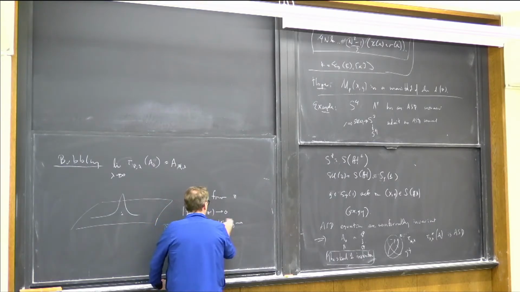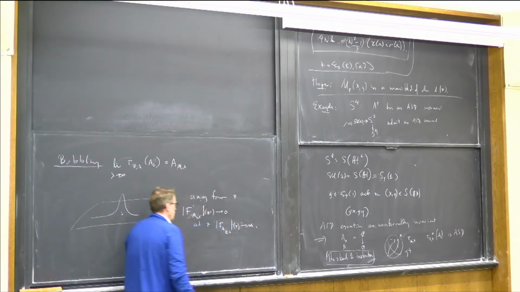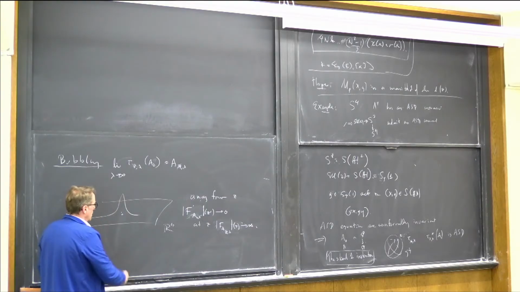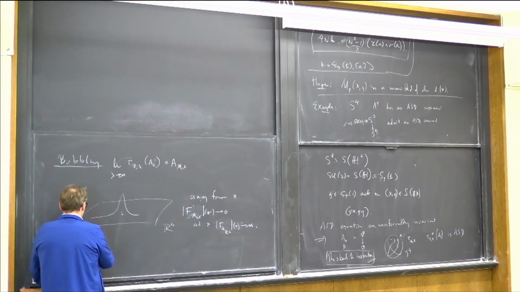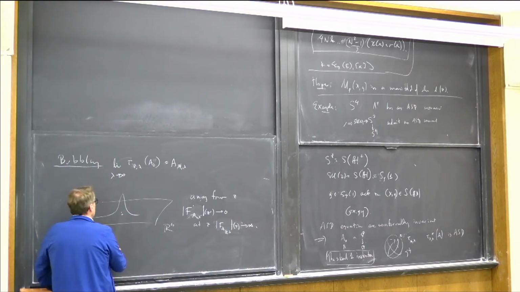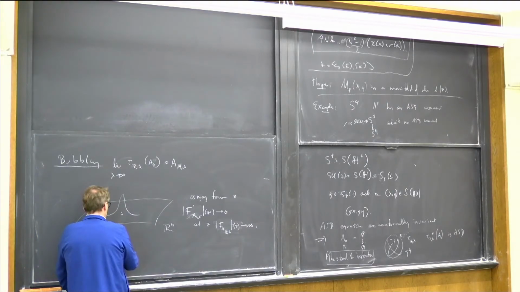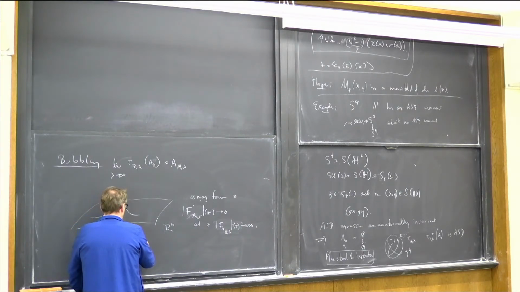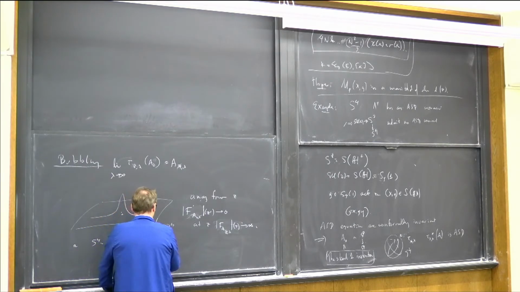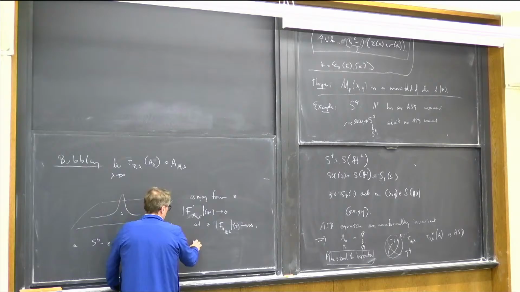This goes to 0 here. On the other hand, you really have to do the computation to see this, but at Z, this blows up. So in particular, on S4 minus Z, this thing has a limit, exists and is a flat connection.